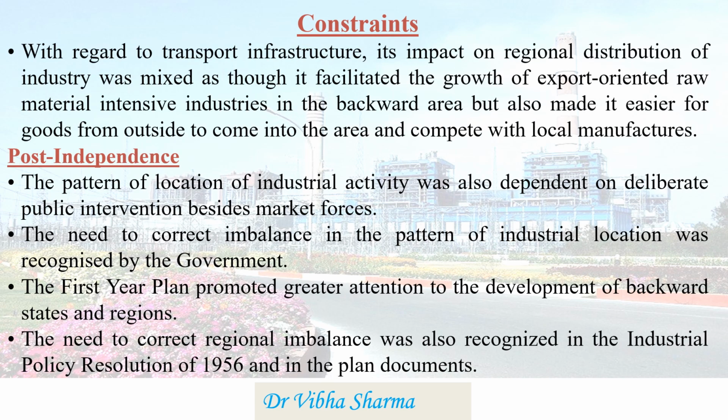With regard to transport infrastructure, its impact on regional distribution of industry was mixed, as though it facilitated the growth of export-oriented raw material-intensive industries in the backward area, it also made it easier for goods from outside to come into the area and compete with the local manufacturers.